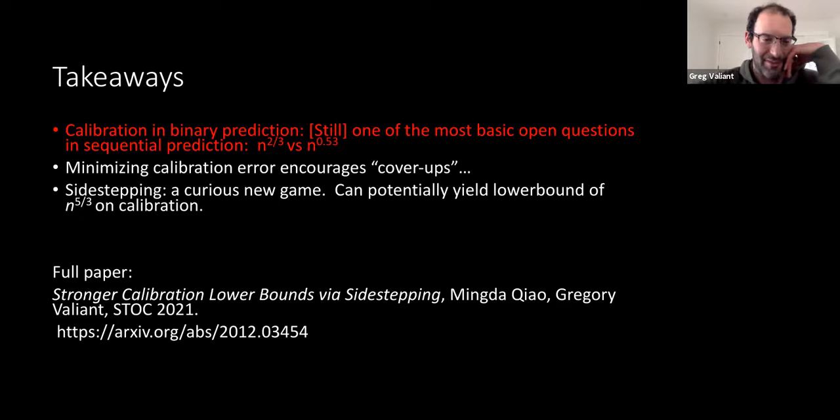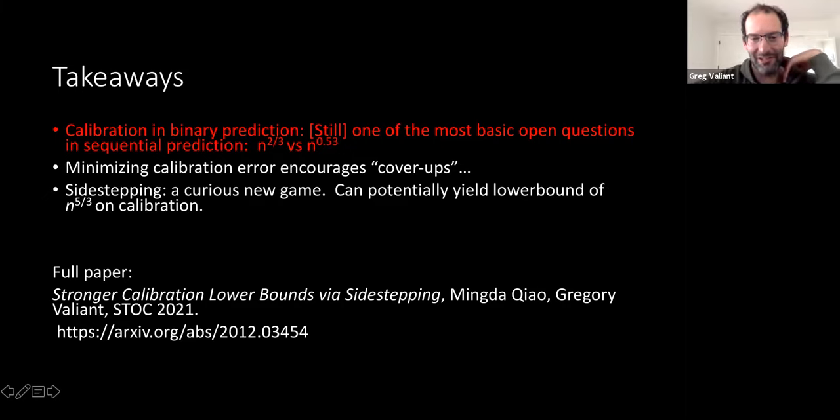So, takeaways from this first part of the talk. I think the biggest takeaway, maybe for me, is that calibration in binary sequential prediction is the cleanest, most basic open question in sequential prediction that I know of, and it's still quite open what the right answer is.